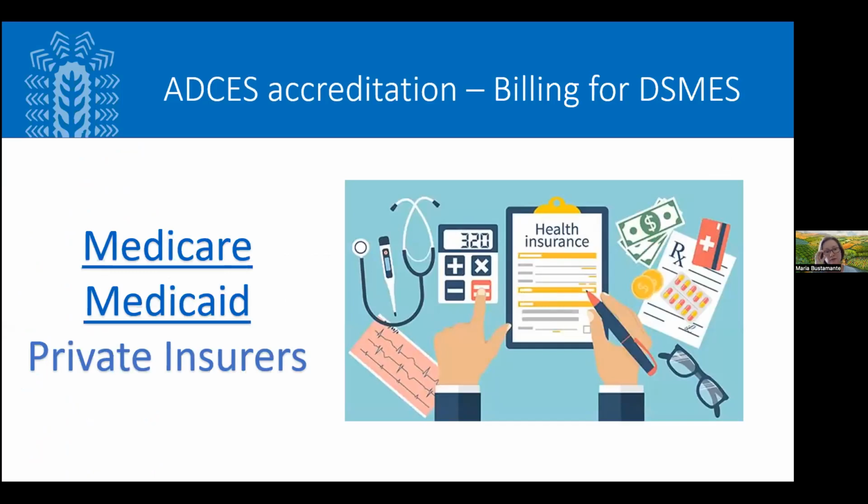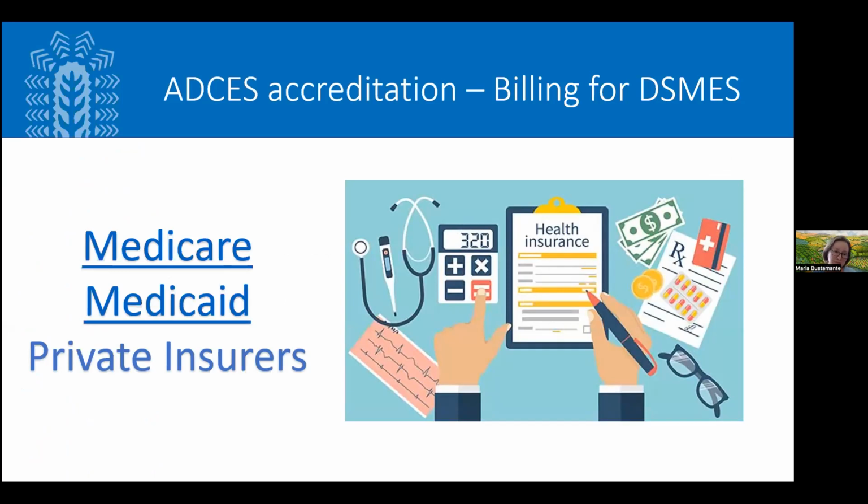The accreditation piece also opens up for your health center to be able to bill for the DSMES. Why is this important and why is this here? It's because of that sustainability piece, right? As a health center, being able to bill for the service adds to the sustainability of the program.